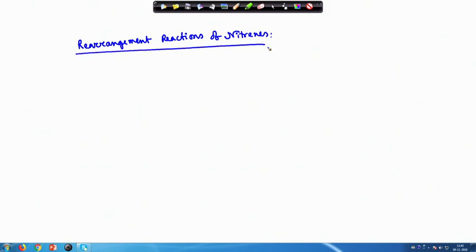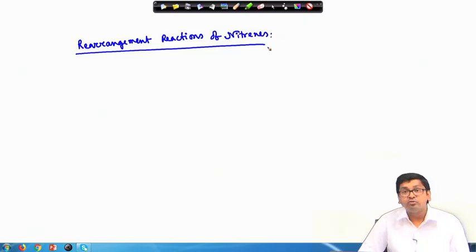Now we have seen that in the case of carbenes, there are certain rearrangements that happen with the carbene species. One of them that is very important is called the Wolff rearrangement. It has been found that similar types of rearrangements are possible with nitrene species also, and in all these rearrangements the migration occurs to an electron deficient nitrogen center.